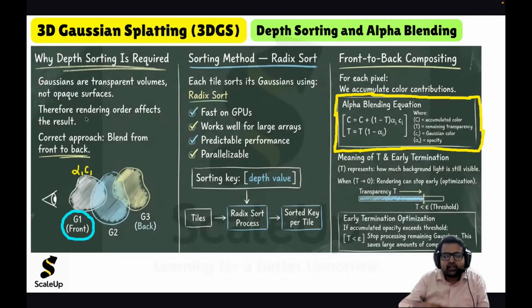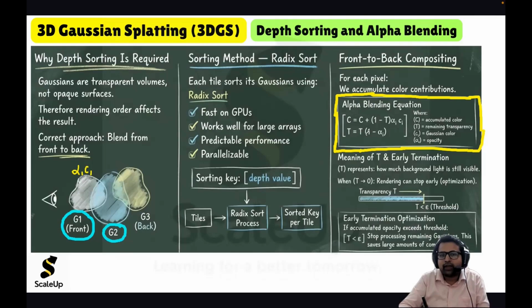Now, if we go to the second 3D Gaussian, what is happening for this? It will be hidden to a certain extent by G1 because it is behind G1. So the T will be different for it.